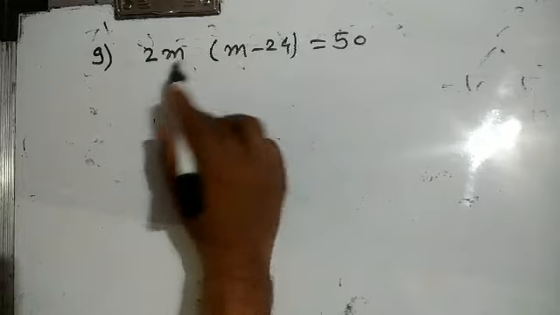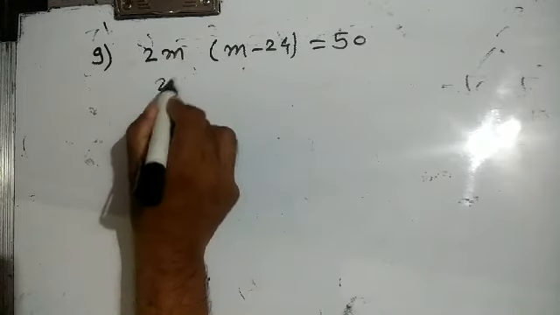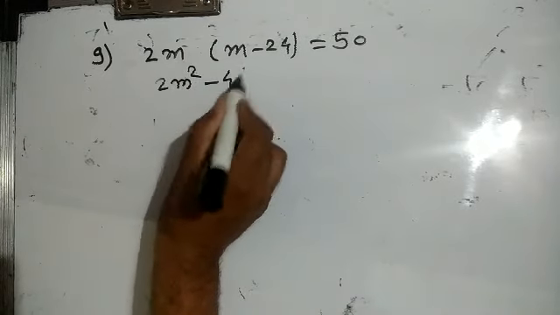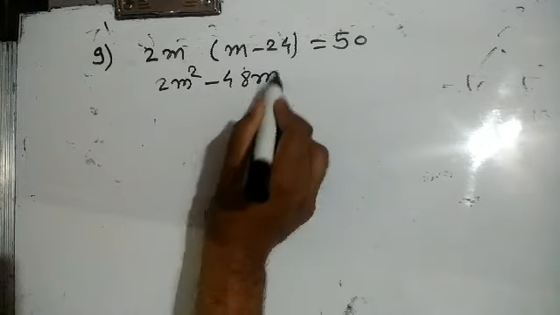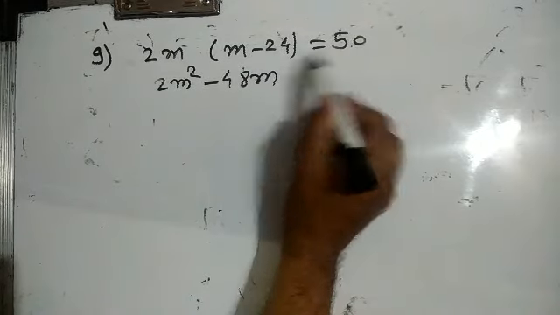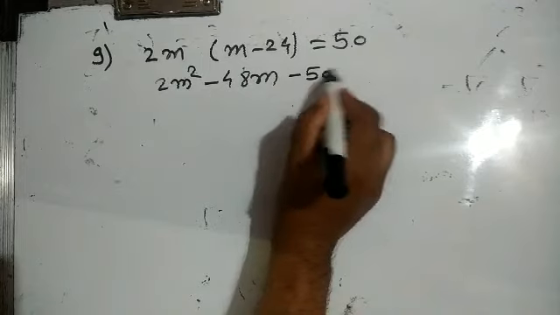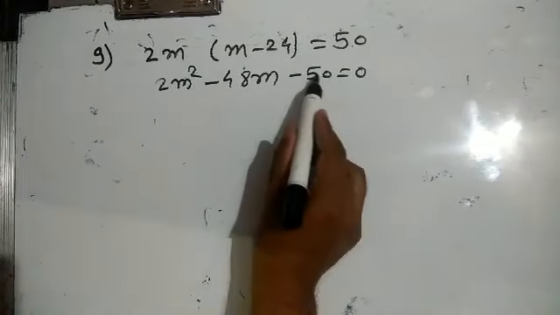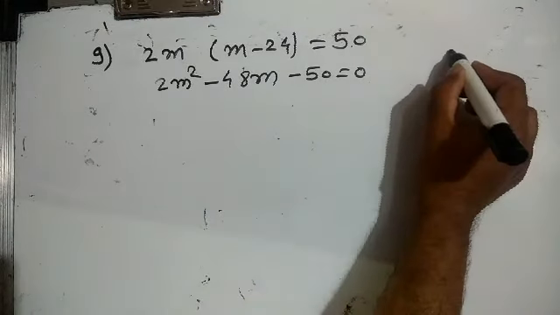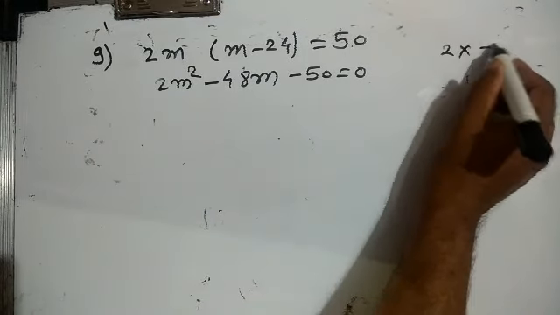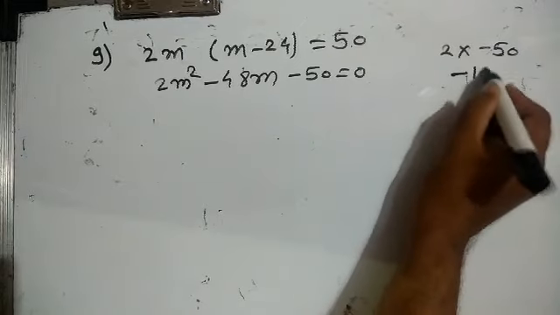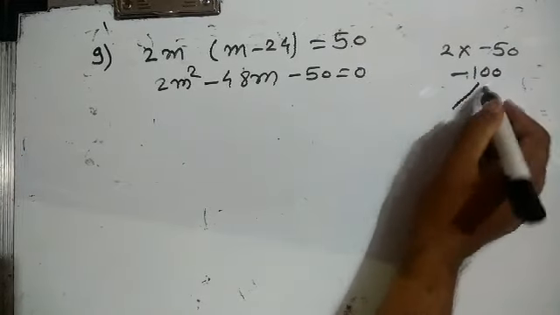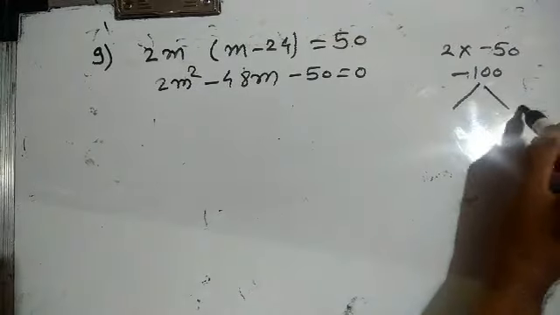First multiply with the bracket: 2m² minus 48m. When we write plus 50 to the left hand side, it becomes minus 50 is equal to 0. Then multiply this: minus 50 into 2, that is minus 100, and here minus 48.